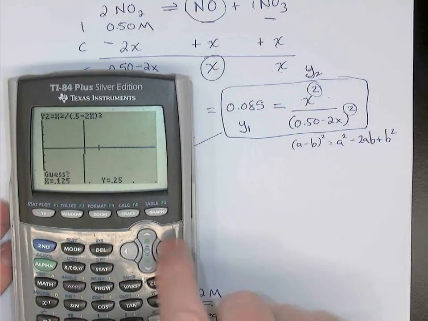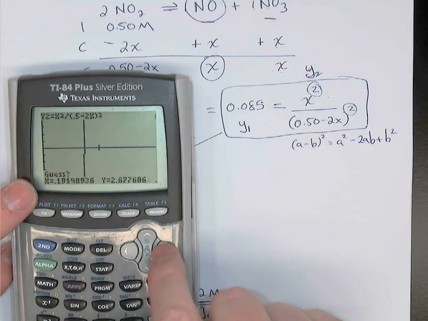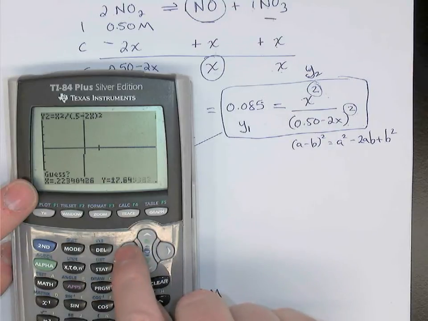Well, what I'm going to do is move my cursor over until I can see the dot there. Now I'm at x equals 0.17, and I don't see my cursor. Now the y values are getting bigger, so I must have gone past. So I'm going to go back the other way, remembering that I'm only looking at about 0.085, so looking at those y values, I should be getting close.